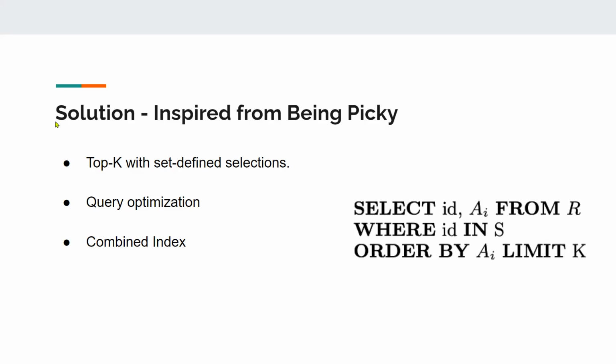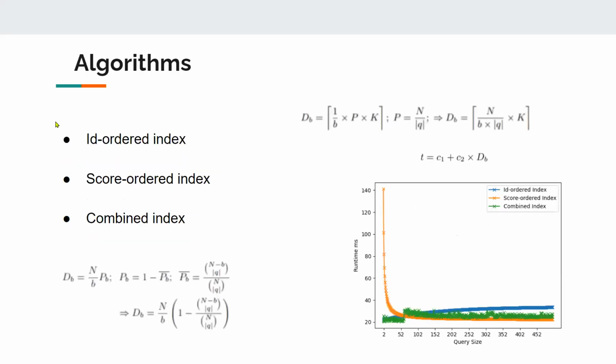For this project, we have implemented a cost model, and we have also implemented the combined index, which we will discuss later. There are three algorithms that we have implemented, and we have implemented a cost model for both the ID-ordered and the score-ordered indexing.